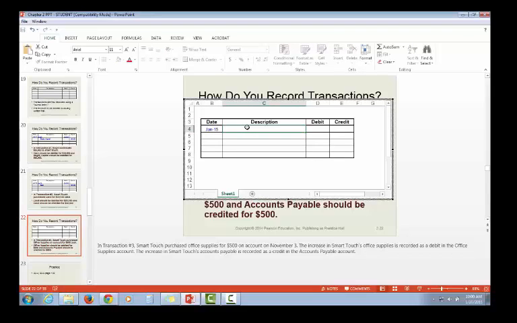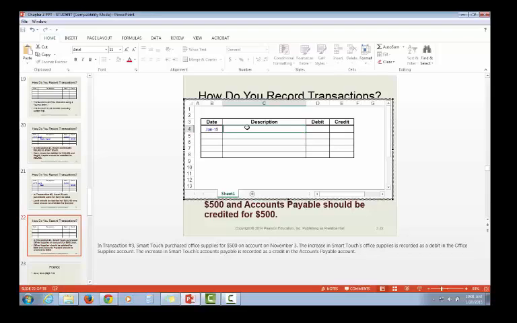Anytime you're looking at a transaction, think about what's actually happening before we start putting anything down. We're getting supplies, but we're not paying for it yet. We did spend $500, but it's on account, so that means we hadn't paid for it yet. So we have a liability, and we're getting an asset of supplies. So we're increasing supplies and we're increasing our liability.